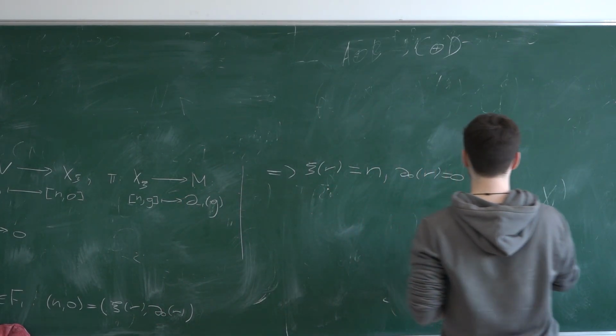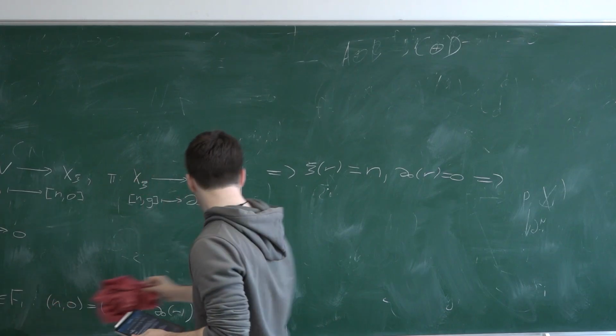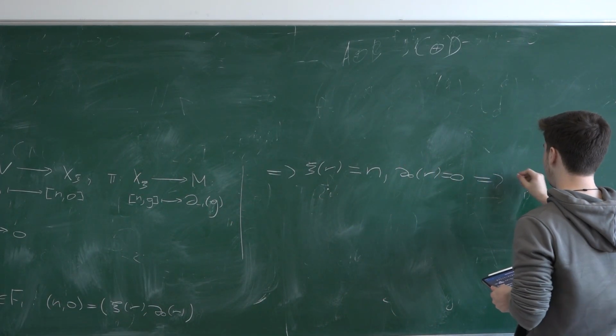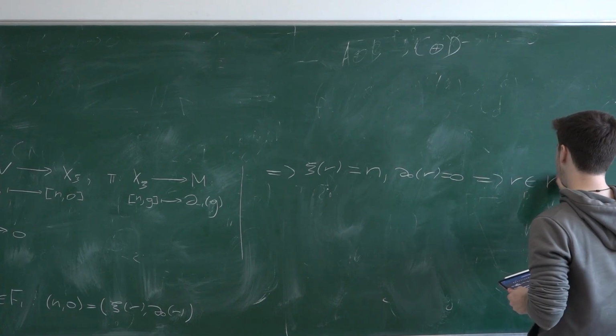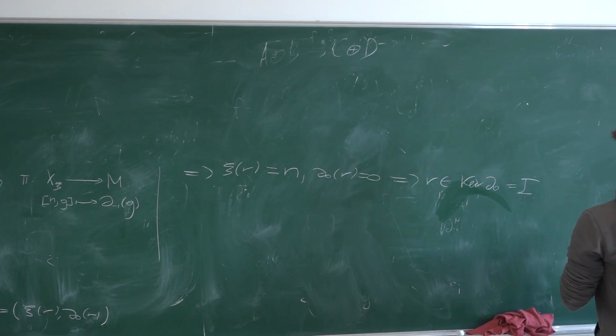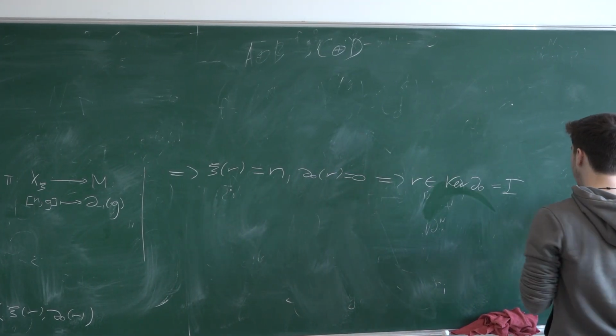But since d0 of R is 0, R lies in the kernel of d0, which is nothing but the image of d1.